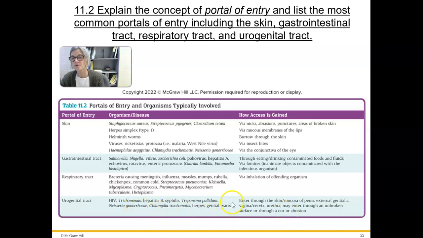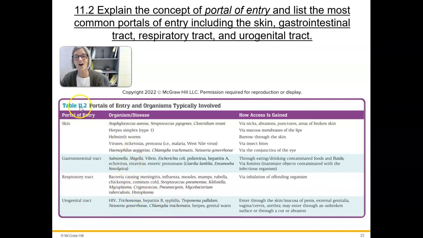One of the things we find, particularly with sexually transmitted diseases, is when a person has one sexually transmitted disease, the irritation that's caused in the mucous membranes can actually make them more susceptible to others. So these are the main portals of entry.